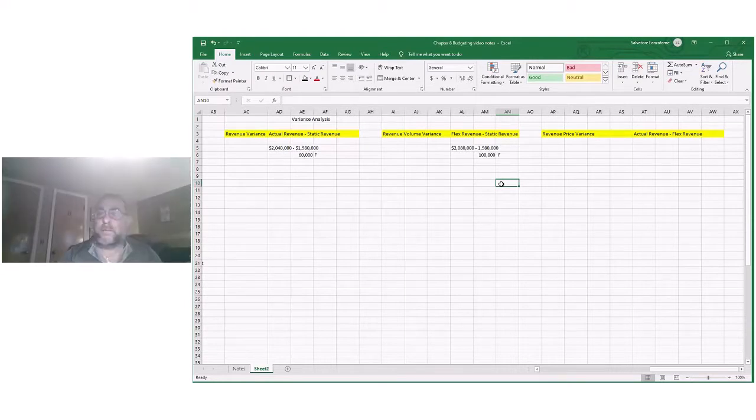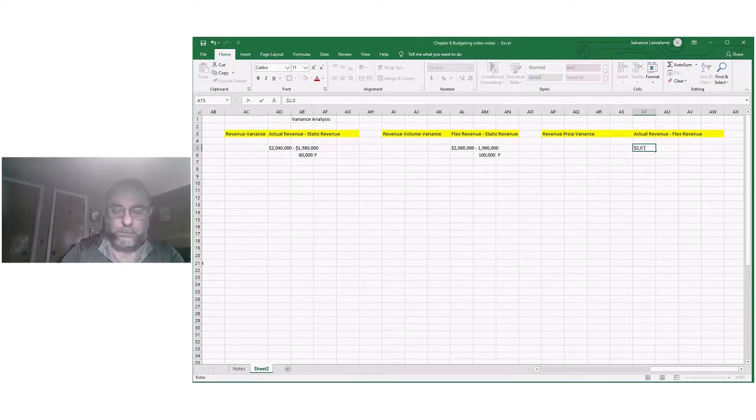If you look at your revenue price variance, take your actual revenue and subtract out your flex. We got $2,040,000 and subtract out your $2,080,000.